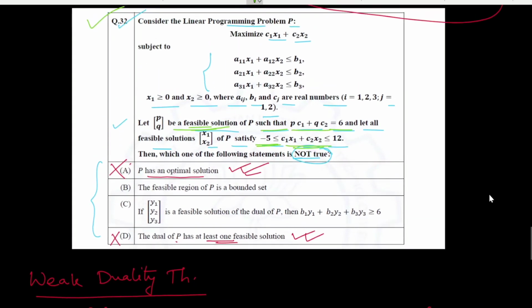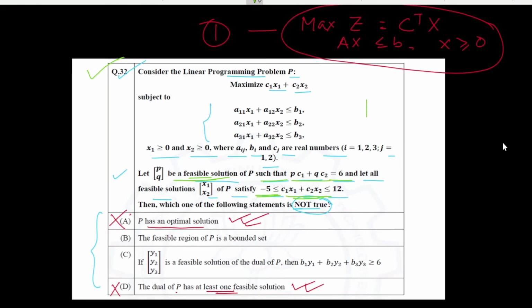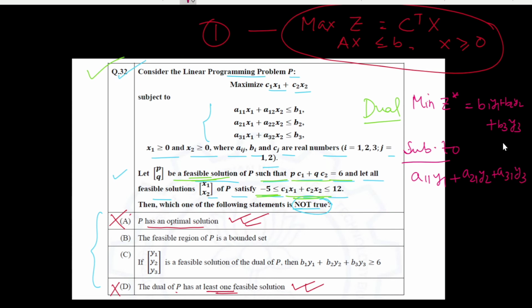The dual of this maximization problem is: minimize z star equal to b1 y1 plus b2 y2 plus b3 y3 subject to a11 y1 plus a21 y2 plus a31 y3 greater than or equal to c1, and a12 y1 plus a22 y2 plus a32 y3 greater than or equal to c2.